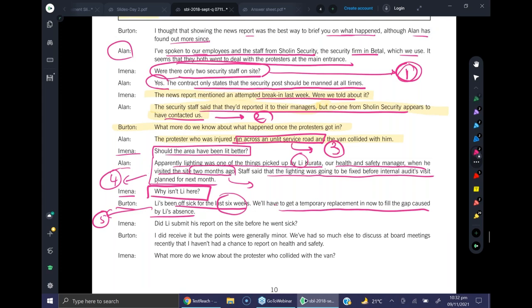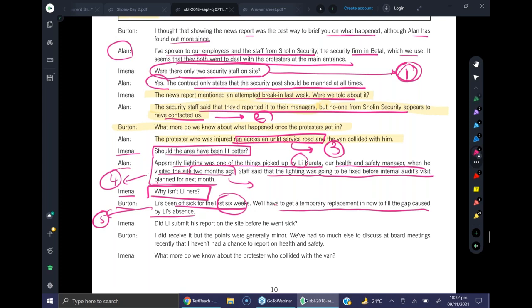What's the consequence? The consequence is that the areas which Lee picked up were not followed up and were not fixed, right? What's your suggestion? If somebody gets sick, we should have some replacement already there who can take up the relevant tasks if somebody cannot come in. And it has to be very quick.